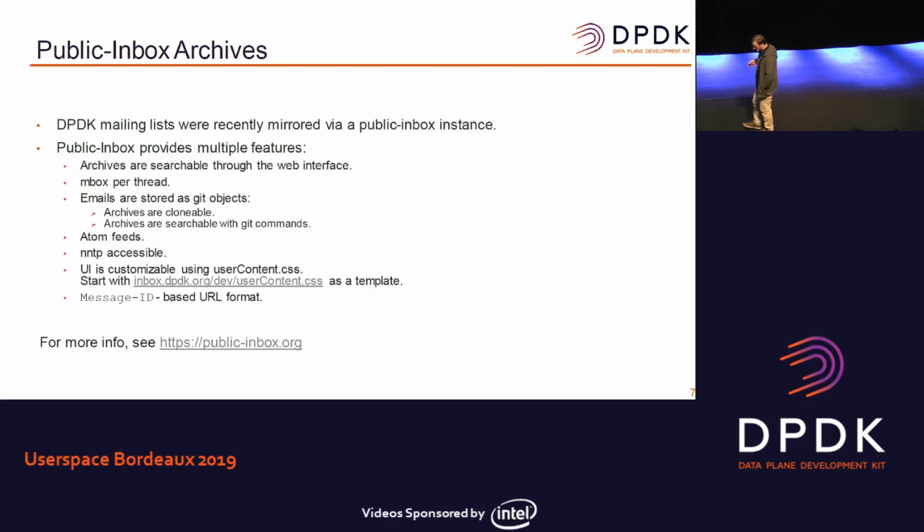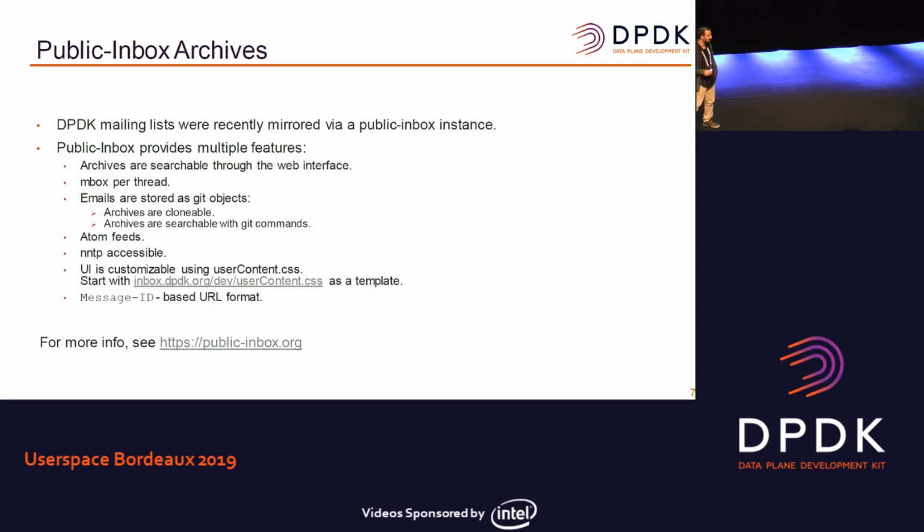A key feature in Public Inbox is that it stores the archives as Git objects. This has many benefits. Performance is one of them, because Git is very efficient with text. Public Inbox provides multiple features.